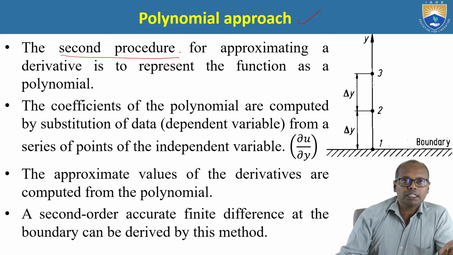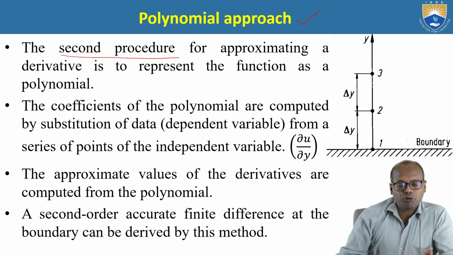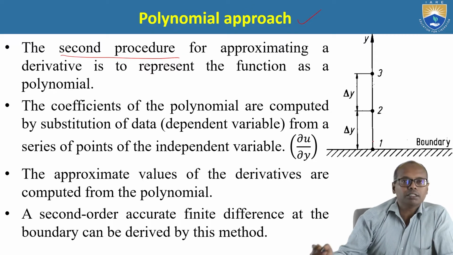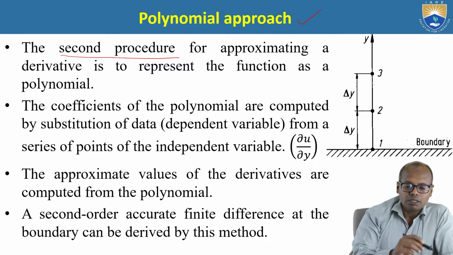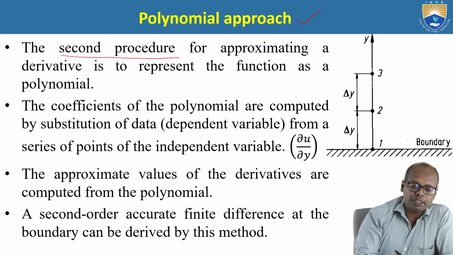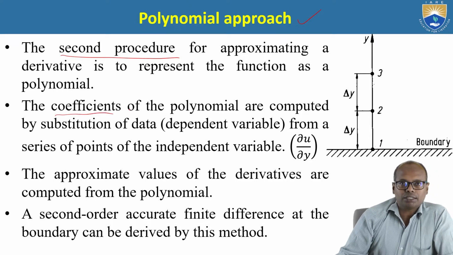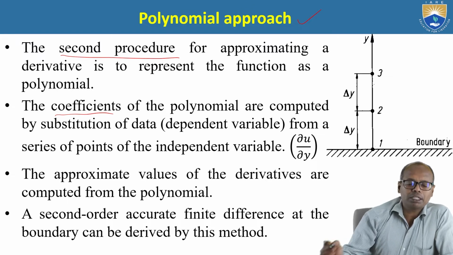The first procedure generally used is the Taylor series approach, and the polynomial approach is the second approach, which is generally done for the boundary and the nodes at the boundaries. Here the coefficients that we have are expressed in polynomial equations.